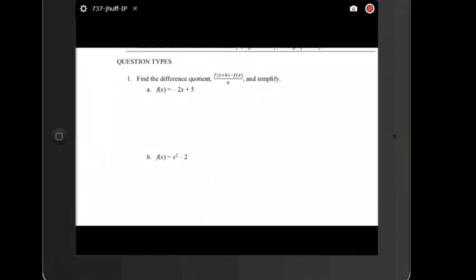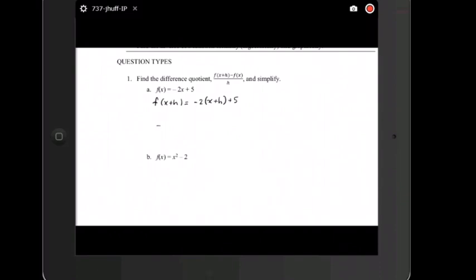So what we need to figure out then is f of x plus h is -2. Instead of -2x, I'm going to write -2 times x plus h plus 5.